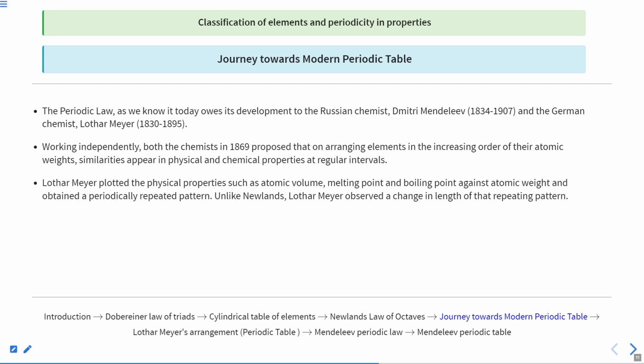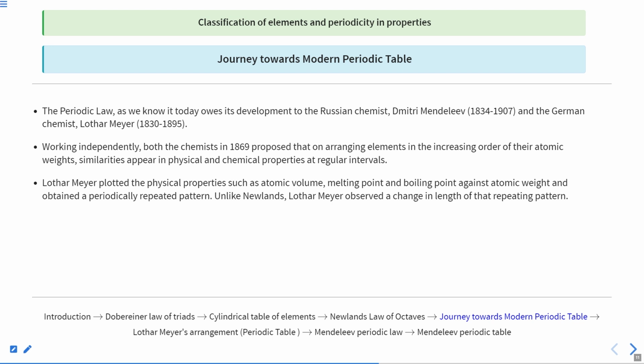Both chemists in 1869 proposed that if you arrange elements in the order of atomic weight, they have the same physical and chemical properties at regular intervals. Lothar Meyer plotted physical properties such as atomic volume, melting point, and boiling point against the atomic weight and obtained a periodically repeating pattern.